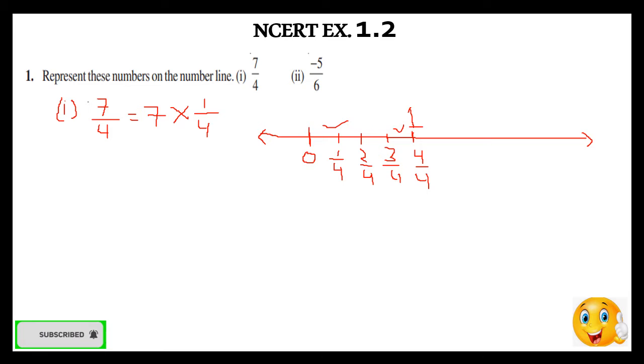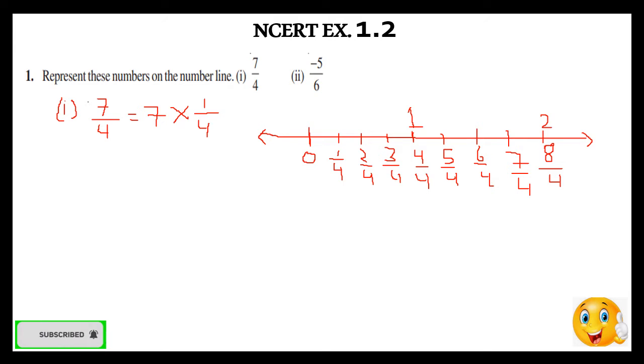Similarly, we have to continue further. 5 by 4. Then we have 6 by 4. Then we have 7 by 4. And then we have 8 by 4. 8 by 4 means 2.